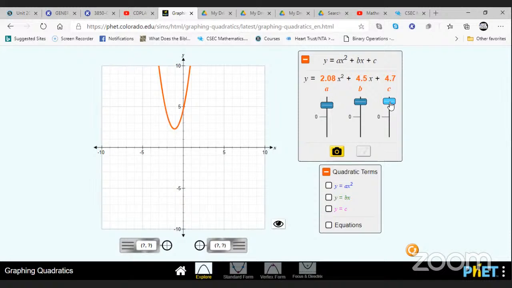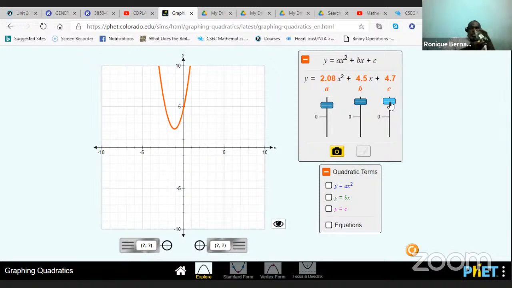Alexis said, sir, when you move C up or down, when you move it up, it decreases the size of the curve, and when you move it down, it increases the size of the curve.